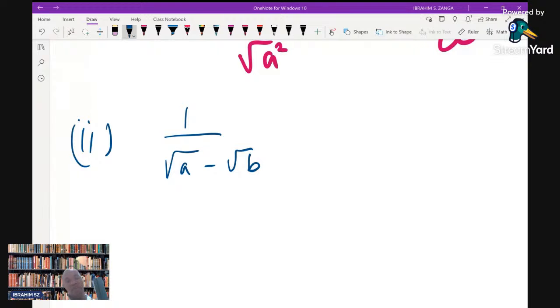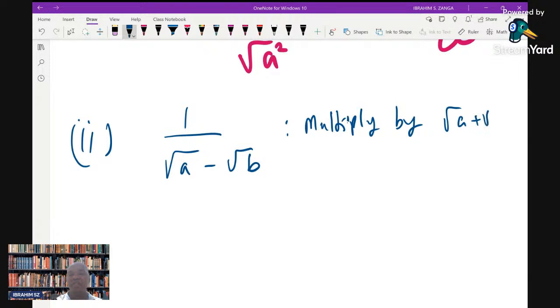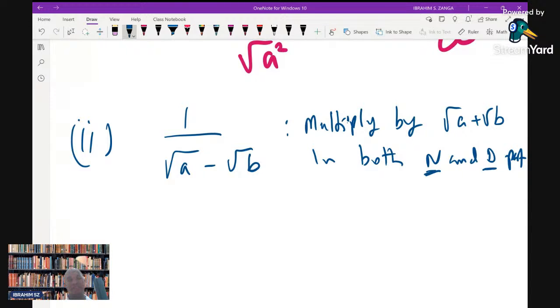For us to be able to remove these two radical signs in the denominator, we are going to multiply by square root of a plus square root of b, in both numerator and denominator part. Okay? So remember, this is numerator part and denominator part.